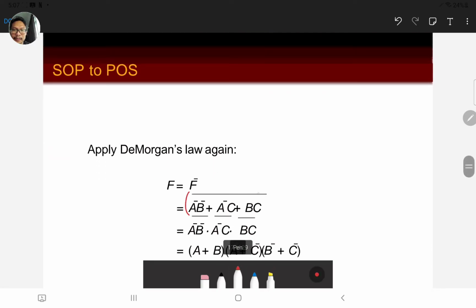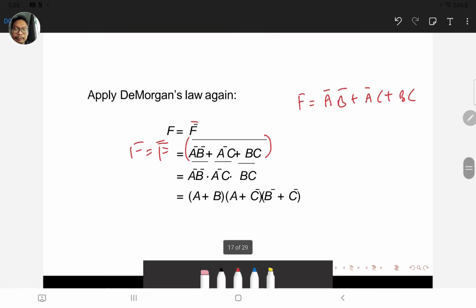So F is in fact equal to F double bar. So here is actually your F. Your F here just now is A bar B bar plus A bar C plus BC. This is your F, and here is your F double bar, which is actually equal to F. If you double bar that, then this plus here is going to be a dot, this plus here is going to be a dot, and it's going to separate out.